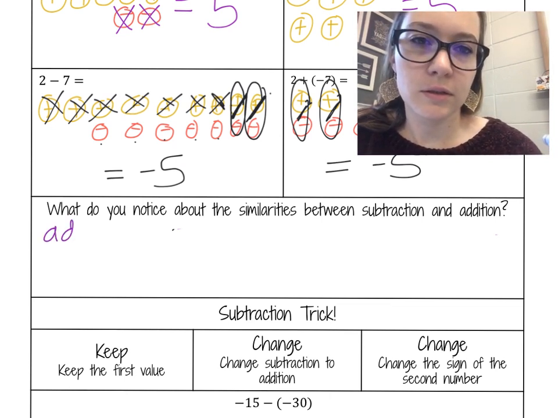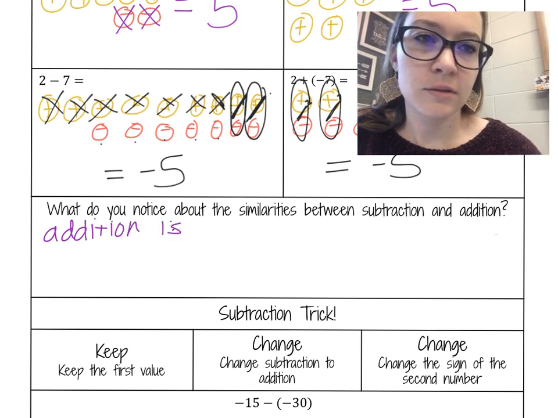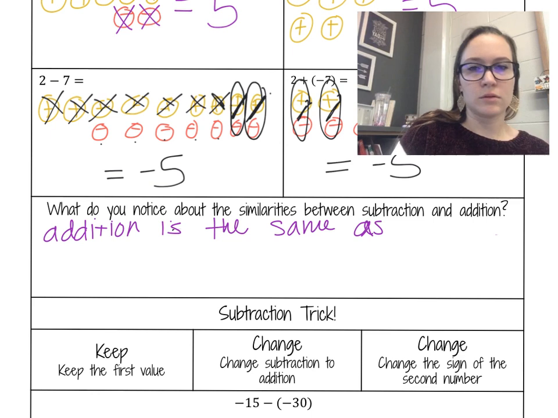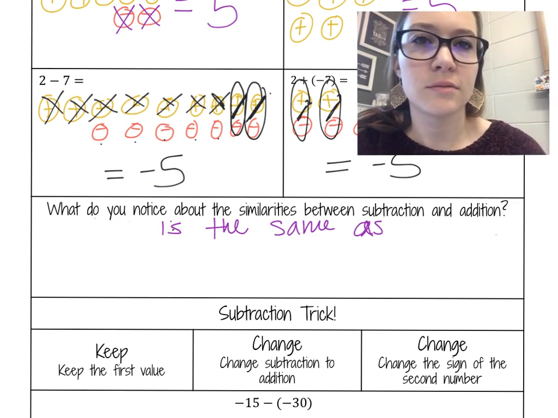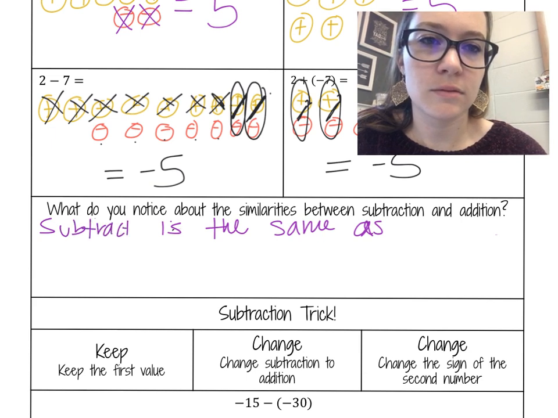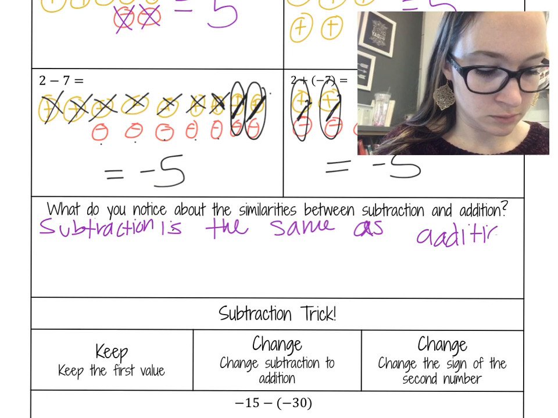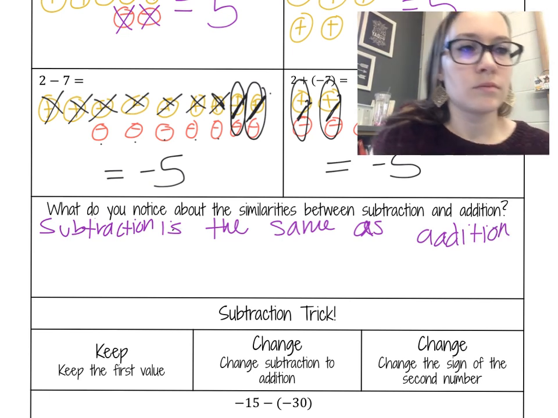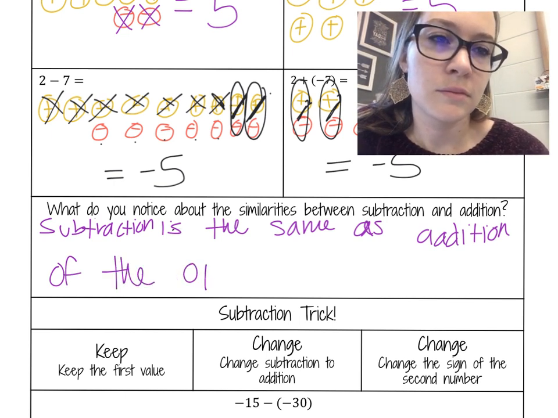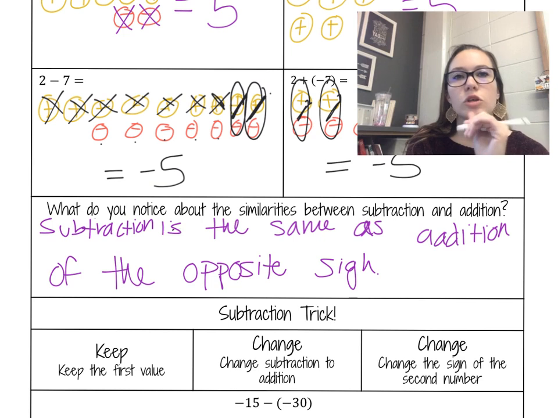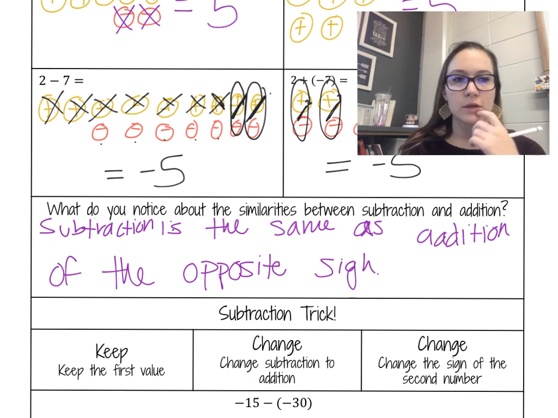So, subtraction is the same as addition of the opposite sign. Okay? So like we saw, 2 minus 7 is the same as addition of the opposite sign, so plus negative 7.